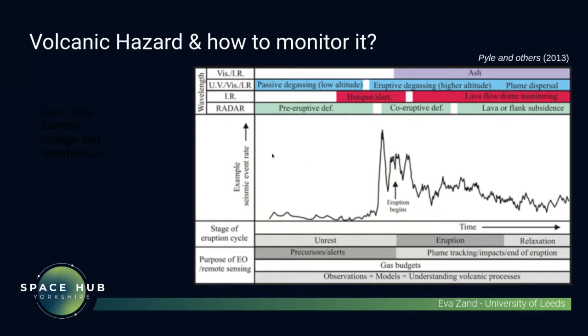Here in the middle, you can see the seismic activity around the volcano, and here the eruption starts, but you have quite low seismicity before the eruption actually happens, and then right before the eruption you have quite high seismicity, as there's loads of stuff happening underneath the ground. And as soon as the volcano bursts, the seismicity is quite high again, but then it decreases after a time.